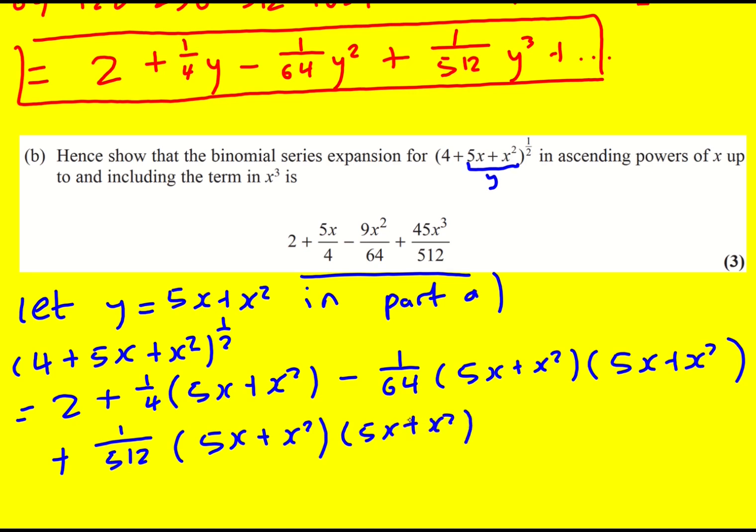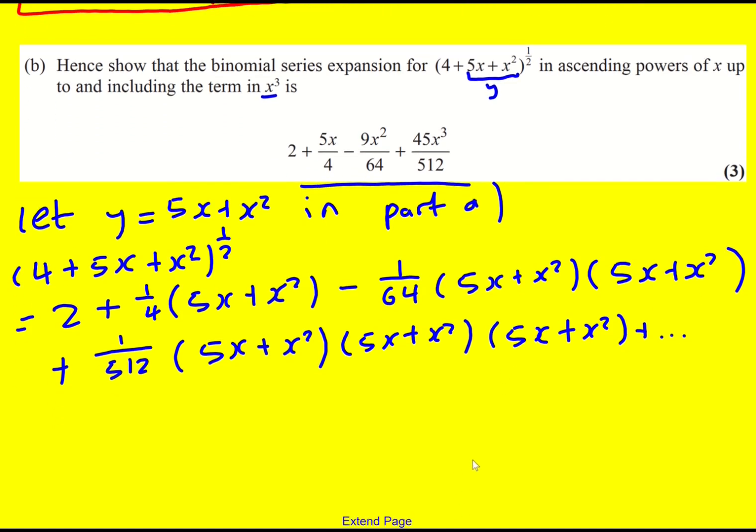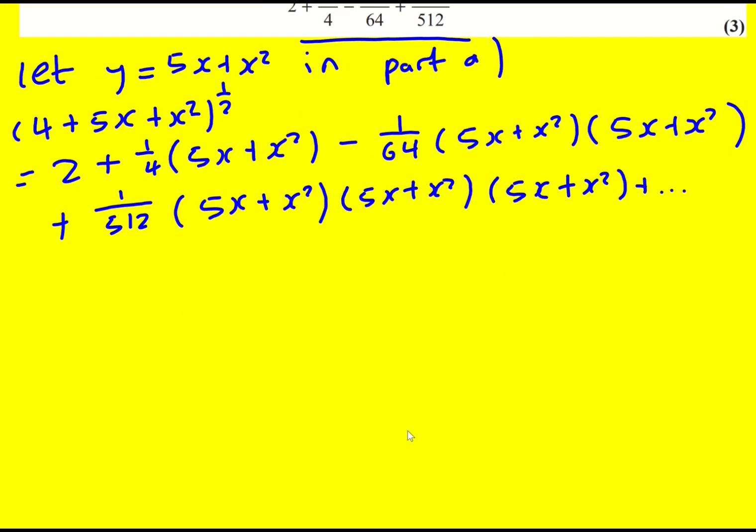Remember, I only want the terms up to and including x cubed, so I don't need to expand the whole thing. Okay, and I think I'm going to just take some parts now. So this bit here is going to become 25x squared plus x to the 4, which I can ignore, plus 5x cubed plus 5x cubed, so 10x cubed.